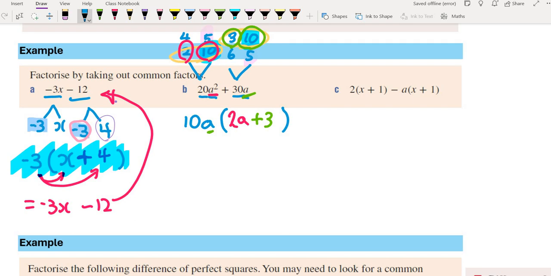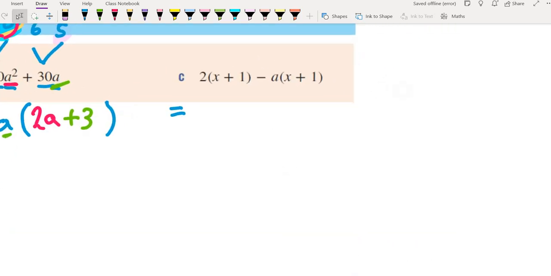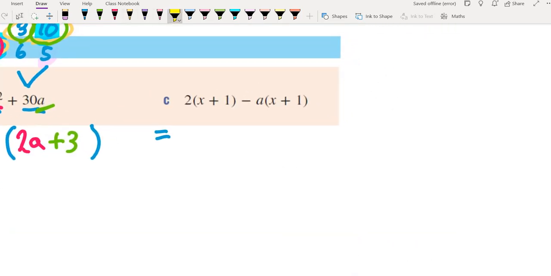This next example here, you will need to realize that sometimes factors can come in multiple terms. So you can see these two are both in common in these two terms. So there's this term here, this term here. But the numbers in the bracket are the same.